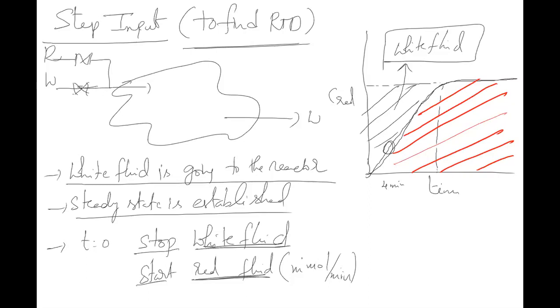When you stop the white fluid, you stop it at the inlet, but the entire reactor is filled with white fluid only. That is the one which is coming out of the reactor.